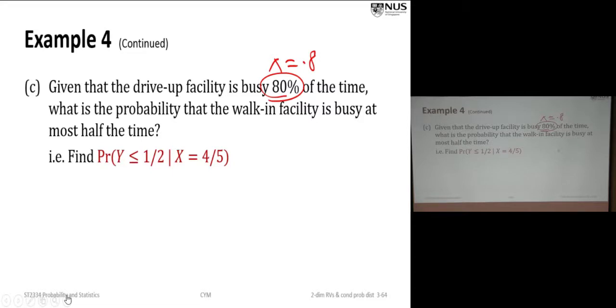So we are given the information that x equals 0.8. Now, don't be confused. We are talking about fixing x at a certain value. Although x is continuous, x can take the value 0.8, 80%.